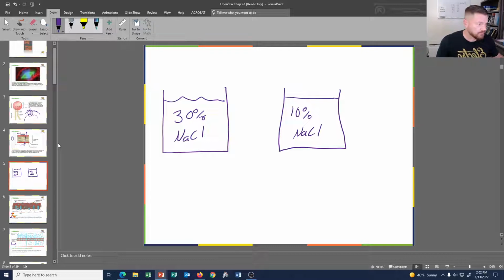So for something to be hypertonic, what that means is it has a higher concentration of solutes compared to another solution. For something to be hypotonic, it means it has a relatively low concentration of solutes compared to another solution, right?